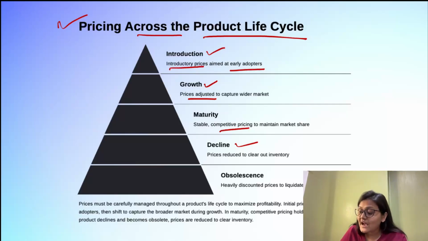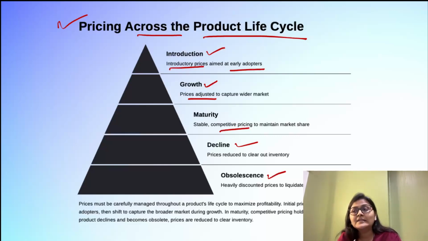And in the last phase, that is the absence phase, there is heavily discounted pricing to liquidate the remaining stock, meaning all the products are sold out at a discounted price so that none of the stock remains. If the company is not earning any profits, then it should not even incur losses. There should be break even for the company, right? So these are all the pricing strategies adopted across the product life cycle.